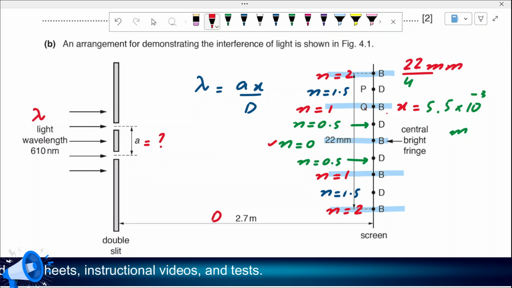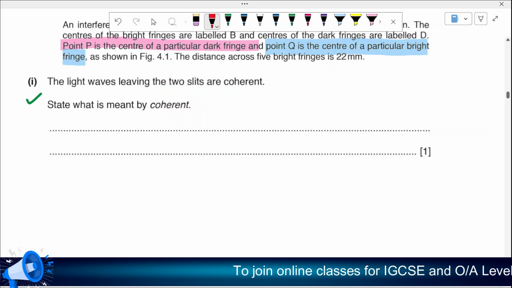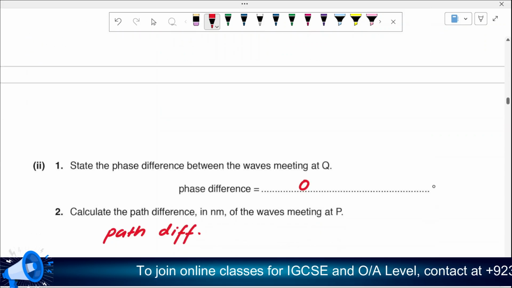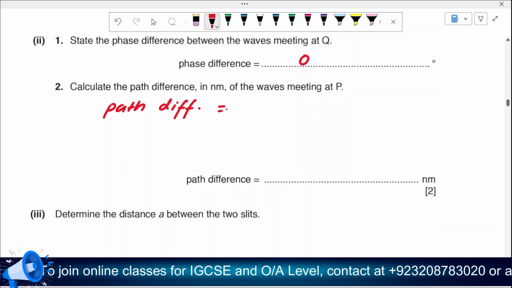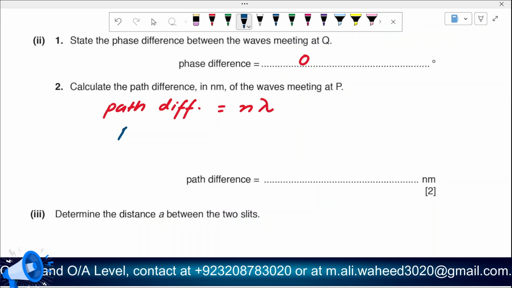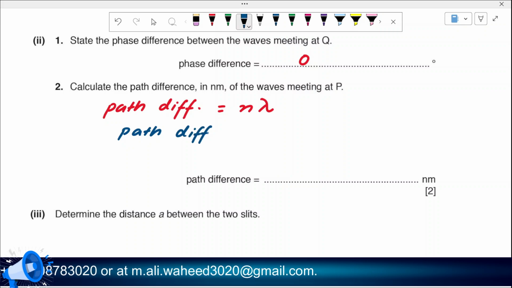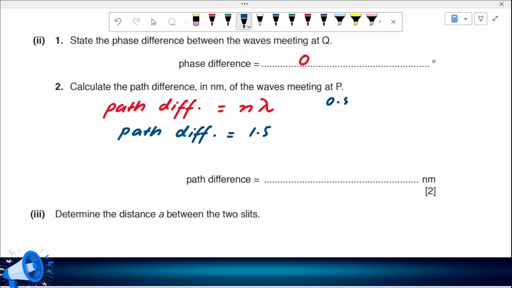What is the point P? Point P is where the value of n is 1.5, where second time the destructive interference takes place. So we use the formula of the path difference. Path difference equals to n lambda. And the value of n over there is 1.5, because this is the second destructive interference.